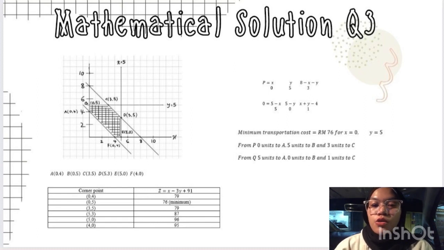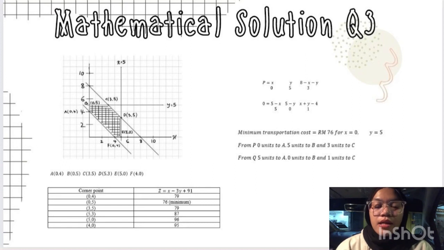As we can see from the calculation, from Johor, 0 units go to A, 5 units to B and 3 units to C, which totals 8 units.